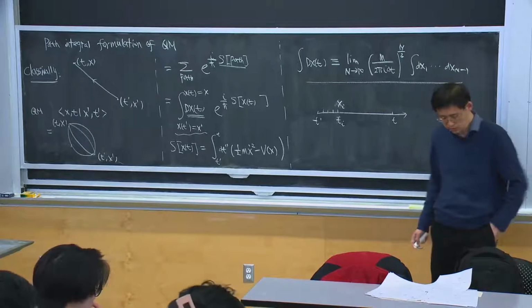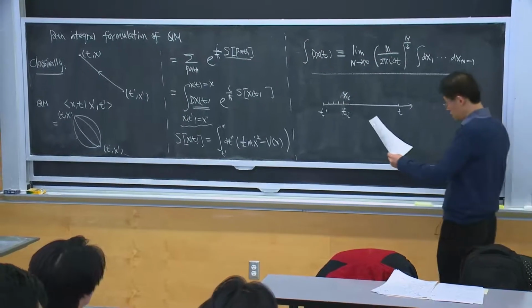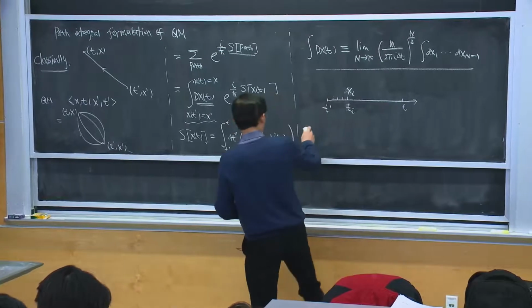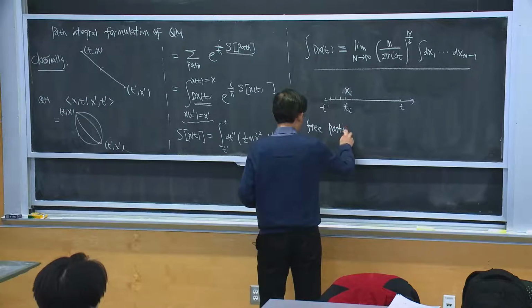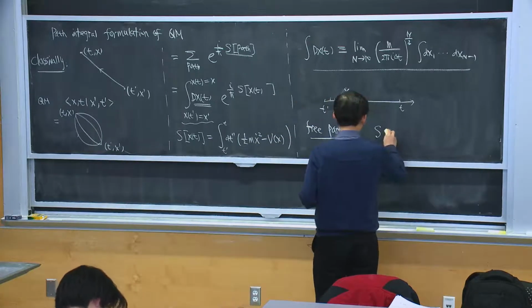Okay, good. So a simple example is just a free particle. When you have a free particle, then the S is particularly simple.